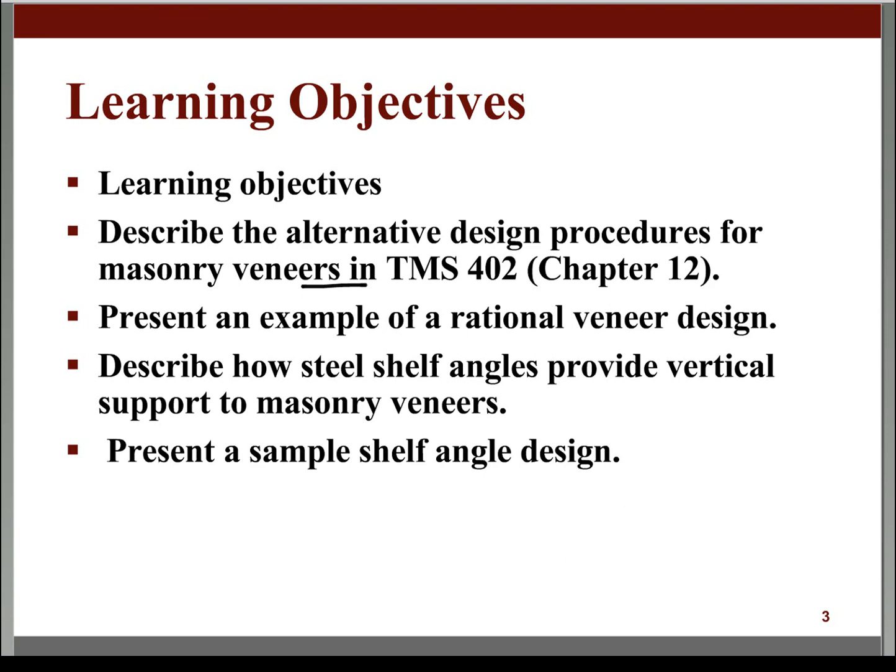One of the reasons for that is the prescriptive provisions in the 2016 version have reduced the need, because we have a wider cavity allowed for the prescriptive provisions than we used to have, so the demand isn't as high as it used to be. I'm just going to give you an overview of how to apply the provisions to an example.